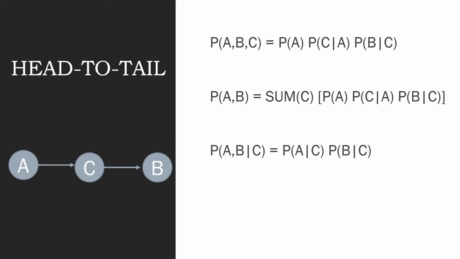Remember, we have to use the summation on the node that is not given. And lastly, the conditional probability P(A, B given C) is going to be straightforward: P(A given C) multiplied with P(B given C).